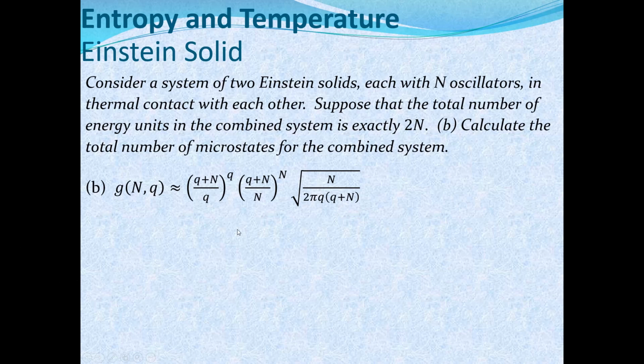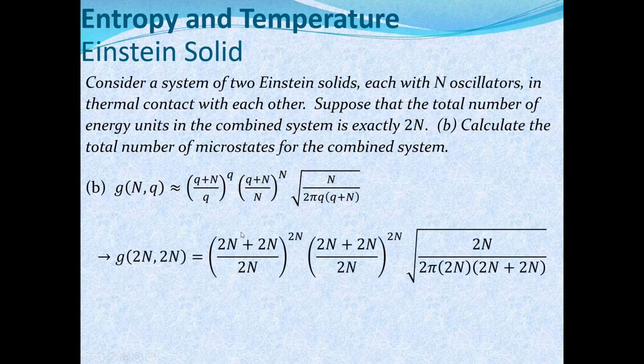So this is going to be true for system 1, and it's going to be true for system 2. So what we can do is just say that it's going to be 2n for both n and q, since it's just the combination of them. And we end up getting this as our equation. So this is the total number of microstates available.